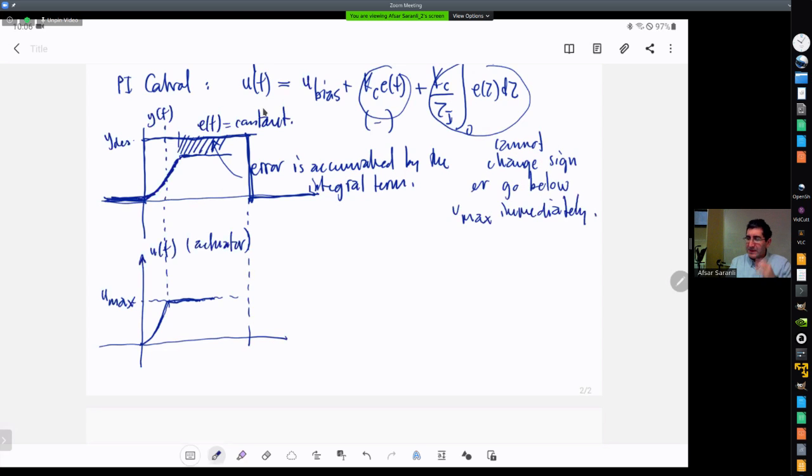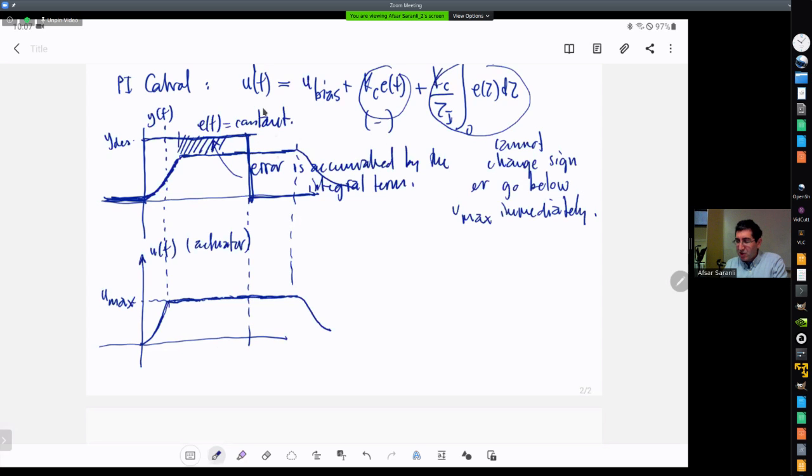So this input will remain saturated for a while until the integral term actually goes below that threshold value. And because the input is saturated, the error will not diminish for a while. Once this function goes down, the output will start going down.